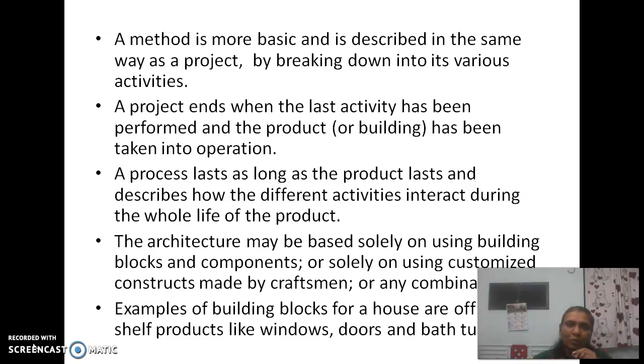So a method is more basic and is described in the same way as a project by breaking down into its various activities. A project ends when the last activity has been performed and the product or building has been taken into operation. Likewise, even in the software industry, until the product has been released, we call it a project.